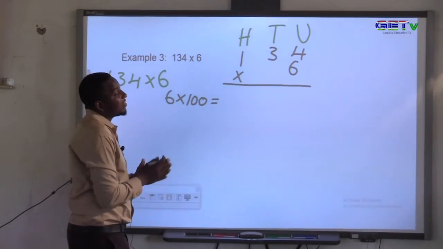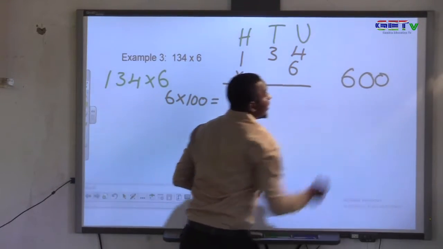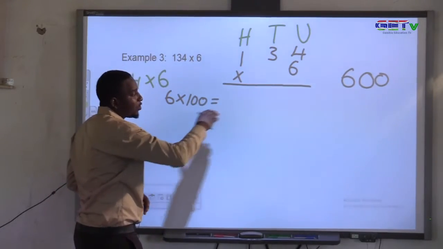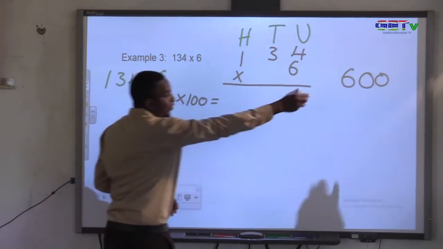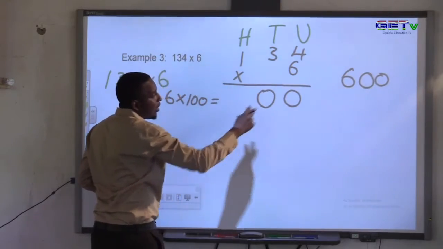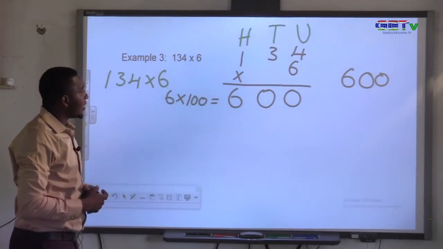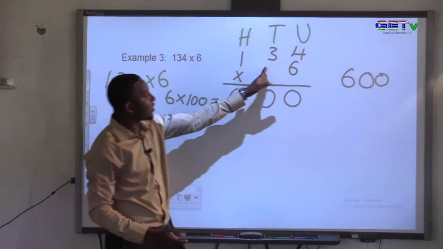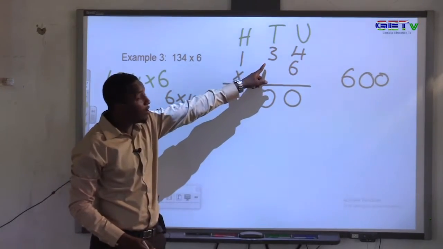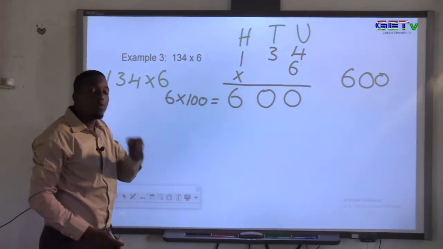So in 600, there are 3 digits, so we are going to make sure each digit falls under its place value. The first 0 is going to be under the unit, the second one under the 10, and 6 under the 100. That's 600. From there, we started with the hundreds, we are going to move to the tens. We are going to multiply 6 by the value of 3. Because 3 is under the 10th column, its value will be 30.